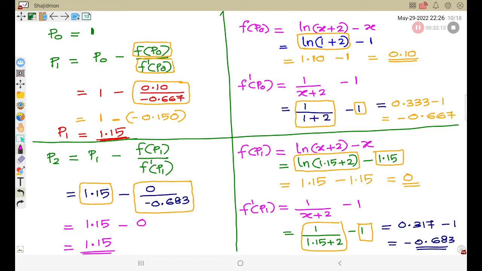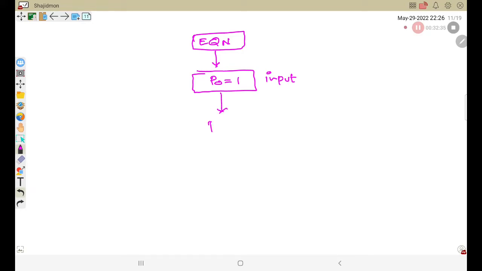I hope you understood this question, how it is done by using Newton's method. So in this question, we have one equation here. Correct. In this equation we substituted the input number P0 equal to 1. After that we calculate P1, P0 minus f of P0 divided by f dash of P0, this rule.